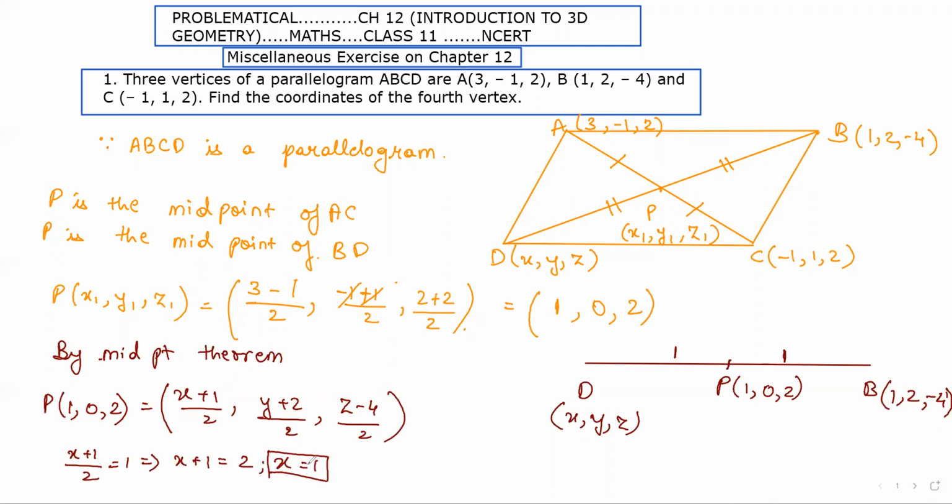Similarly, you'll equate the Y coordinate and the Z coordinate. Y plus 2 upon 2 is equal to 0. Y plus 2 is equal to 0, and Y is equal to -2.